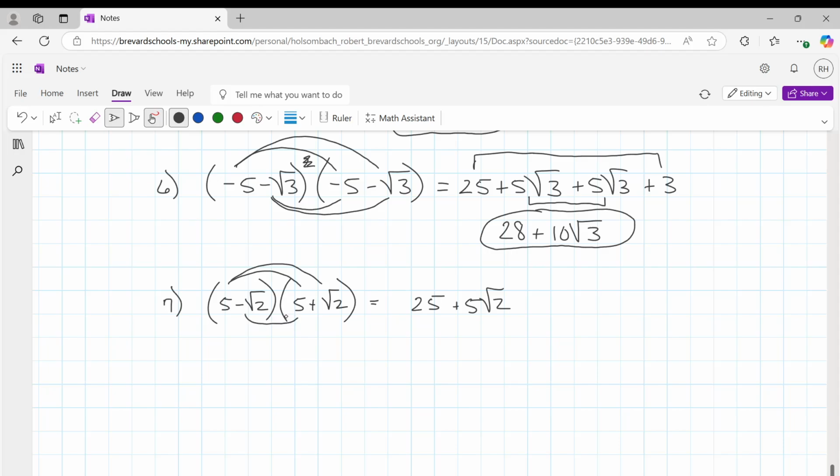Negative radical 2 times 5 is negative 5 radical 2. And again, negative radical 2 times positive radical 2 is negative 2. So what happens to the radicals in the middle? Good, they cancel out. And we just combine the 25 minus 2, and we get 23.